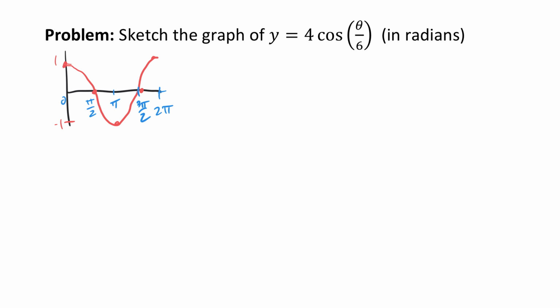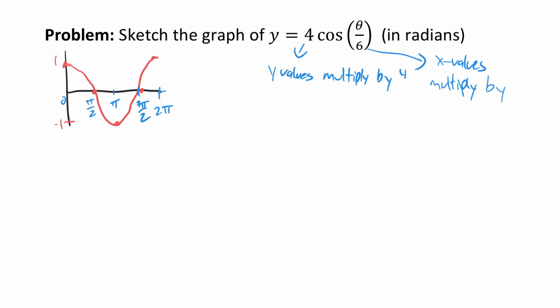All right, well, all we have to do is take the 4, which means the y values get multiplied by 4, and the 6 means the x values, well, because it's the x value, in this case, multiply by 6.